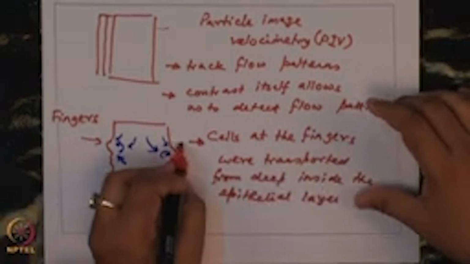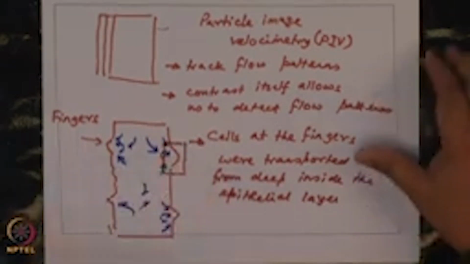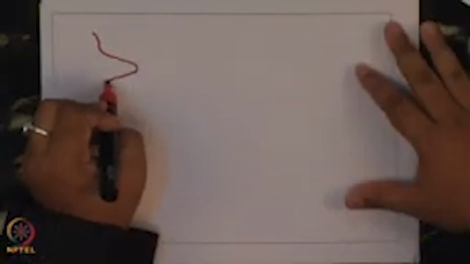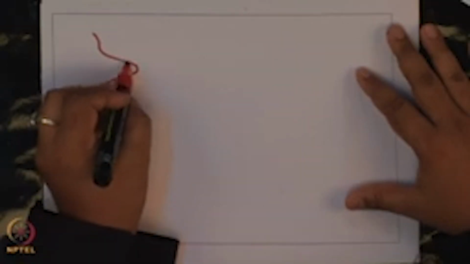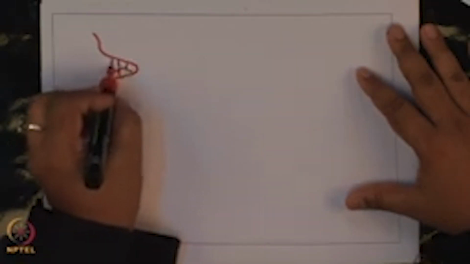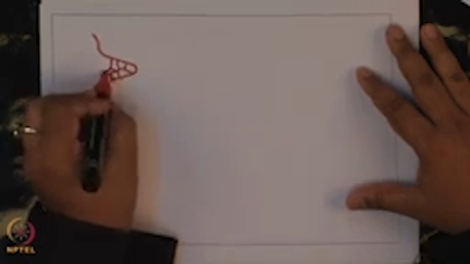So, if you zoom into the fingers and ask, what is happening? Why are these very local protrusions being formed as opposed to gradual expansion of the epithelial layer? What the authors found, if let us say I zoom into a finger, let us assume this is a finger, and you have multiple cells at the fingers, these are the cells.